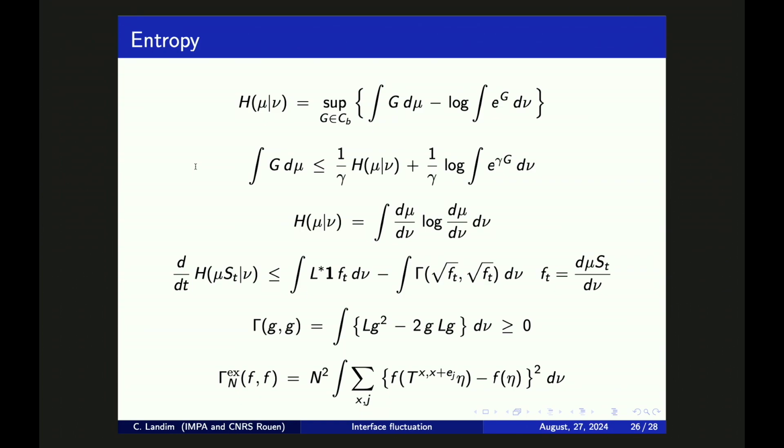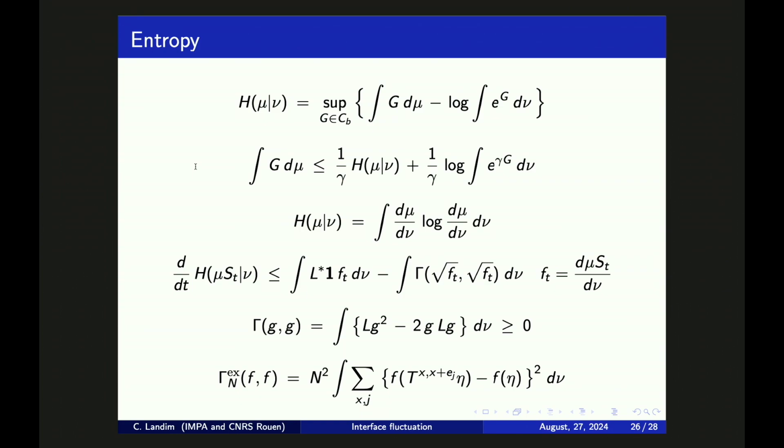Since the measure you're considering is not a stationary state, this entropy is not decreasing, but you can show that its derivative is bounded by L star applied to 1 of f_t d nu, where f is just the Radon-Nikodym derivative. So you're integrating with respect to the state of the process at time t.